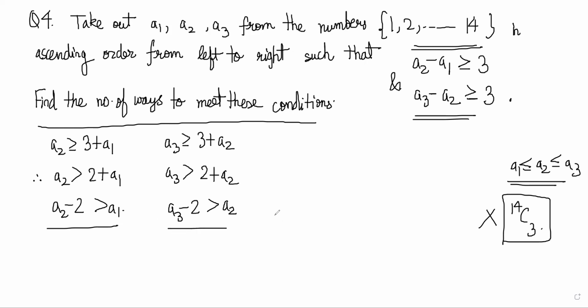These 2 conditions we have. So therefore, we can say that A3 minus 2 is greater than A2. So now we write A3 minus 4 is greater than A2 minus 2 and A2 minus 2 is greater than A1, right?